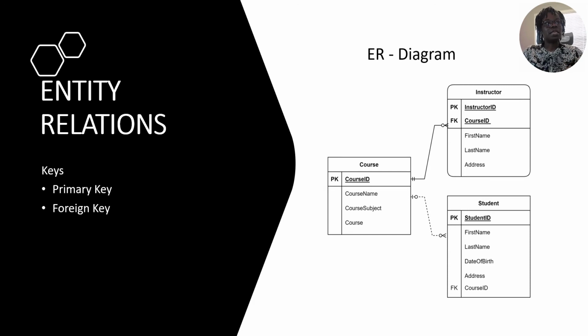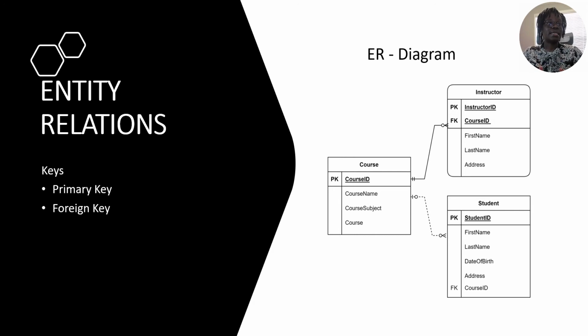On there, we see PK representing primary key. On the course entity, the course ID is the unique identifier in the course table. Meaning, if you want to find a course, by going with that ID, you'd find each individual or unique record in that table. Same with the student.